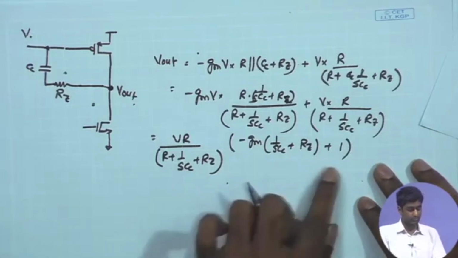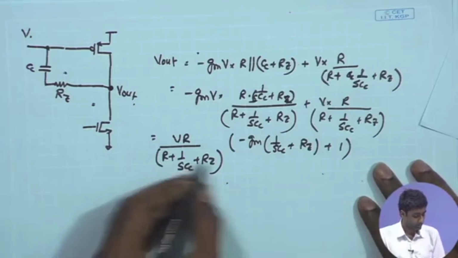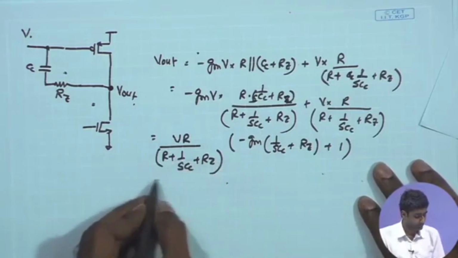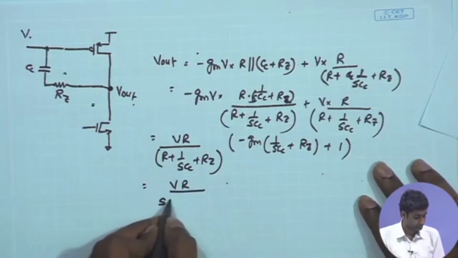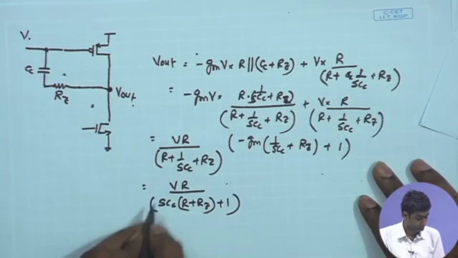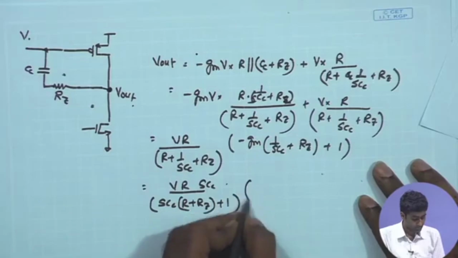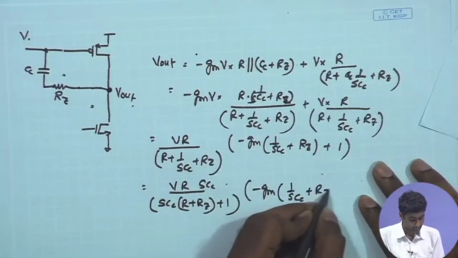This is the overall expression we can see, and once again I can simplify it a little bit further, and you have the other term as it is coming over here.